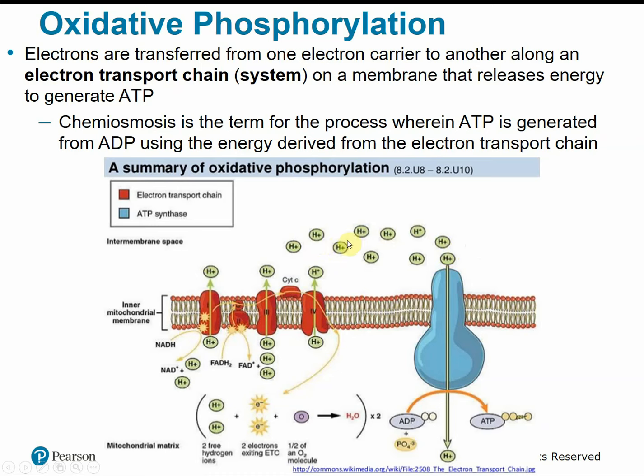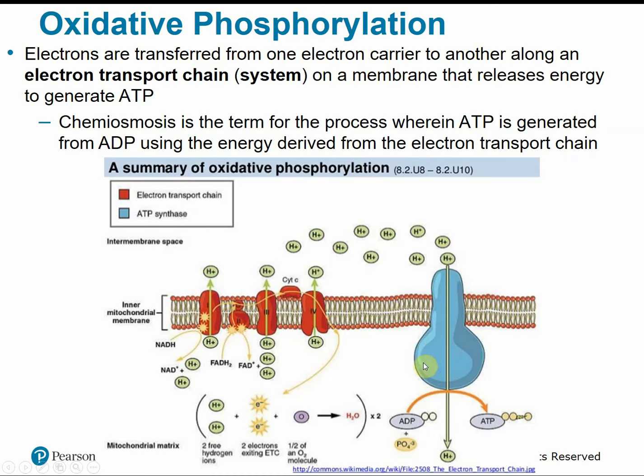We're using active transport, so now they're going to passively diffuse back across the membrane through an enzyme called ATP synthase. So remember we said enzymes are typically named for what they do. So ATP synthase is an enzyme, ase, that synthesizes ATP.